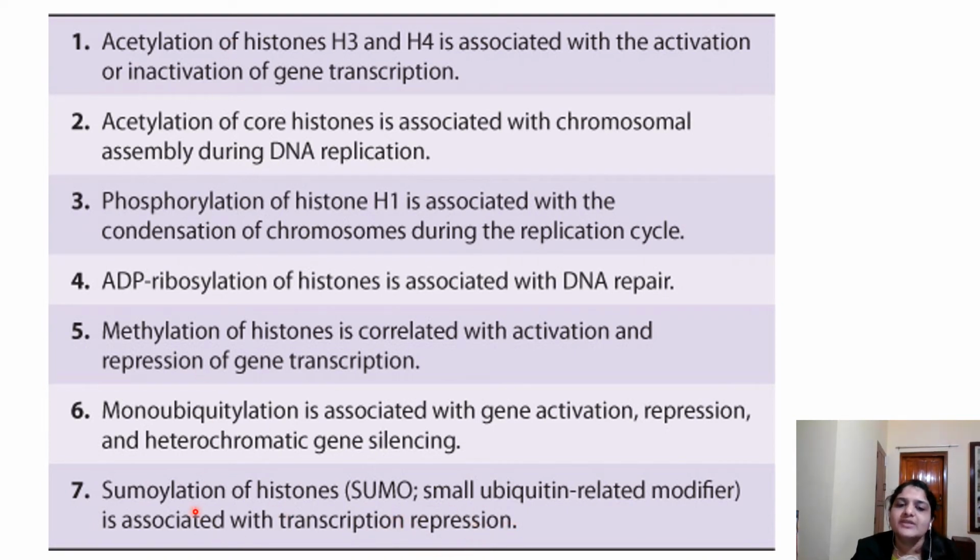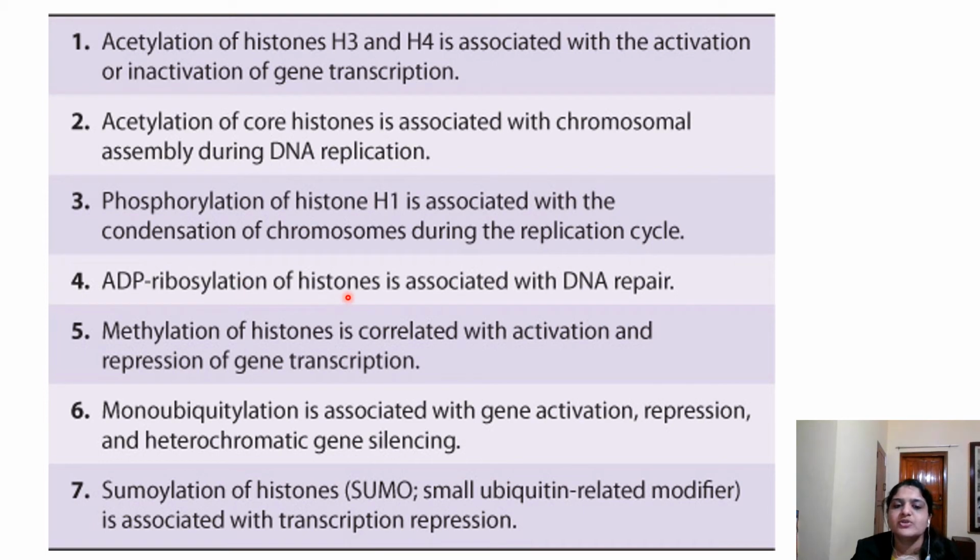Any of these points can be asked as an MCQ, so you should know all the points. Acetylation of histones H3 and H4 is associated with the activation or inactivation of gene transcription. Acetylation of core histones is associated with chromosomal assembly during DNA replication. Phosphorylation of histone H1 is associated with condensation of chromosomes during the replication cycle.